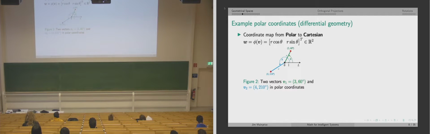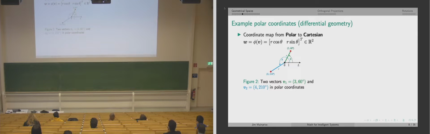The polar coordinates are defined by how far we are from the origin, a distance to the origin, and then an angle that we are making with respect to that origin. So we can change our coordinate representations. Right now I'm talking about geometrical coordinate systems, not the vector space coordinate systems.